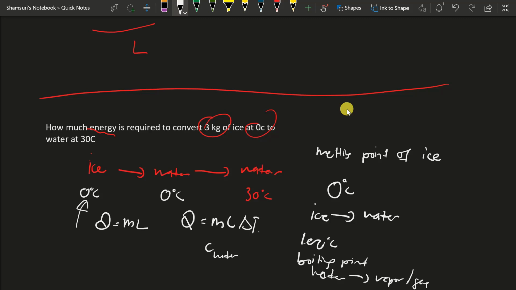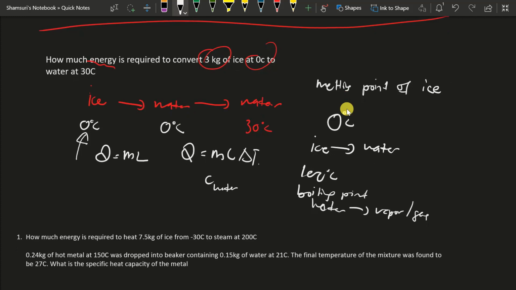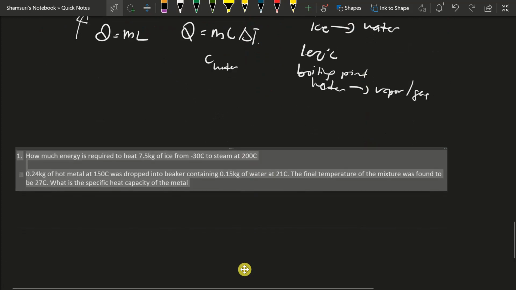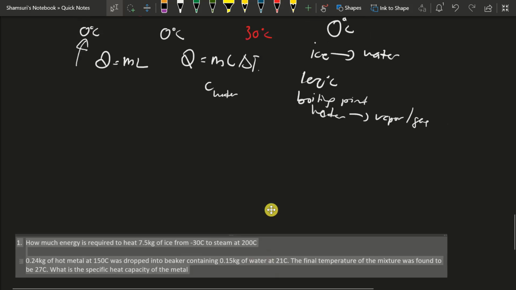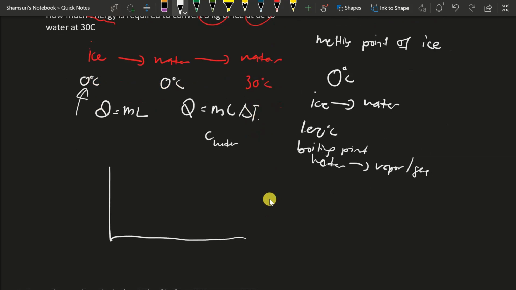If I draw the temperature heat diagram, before that we can also discuss this question. This is temperature and this is heat. We can find that the starting point is 0 degrees here.